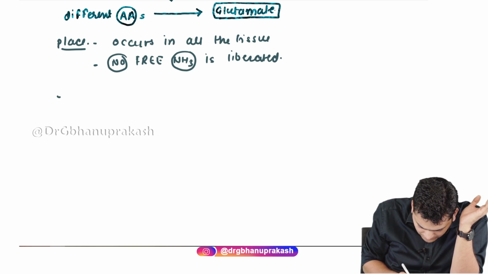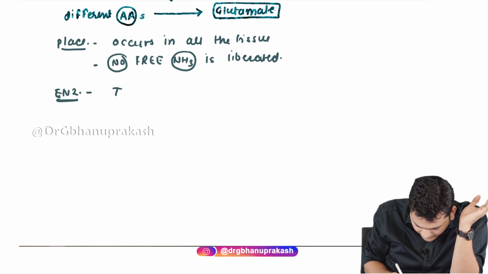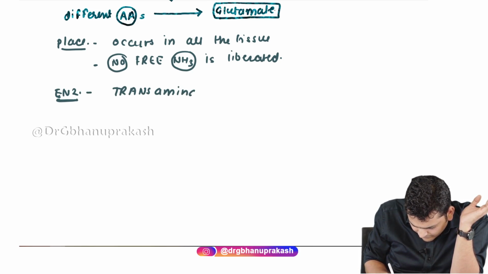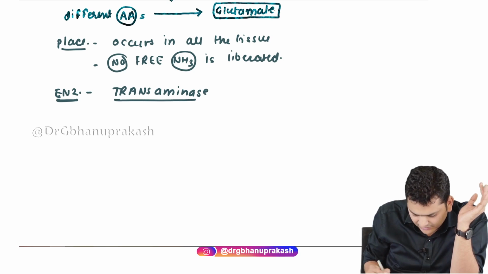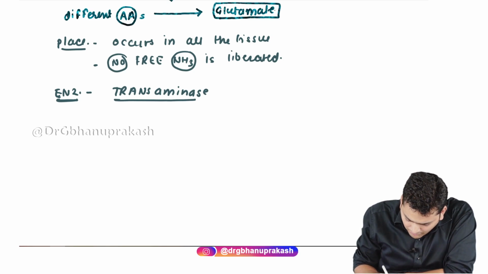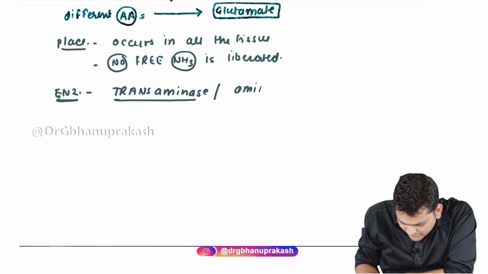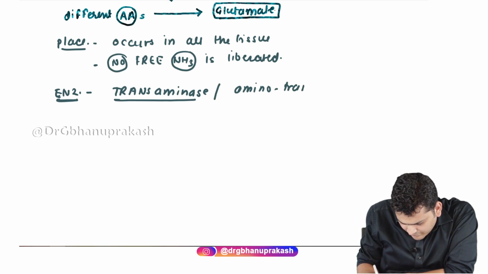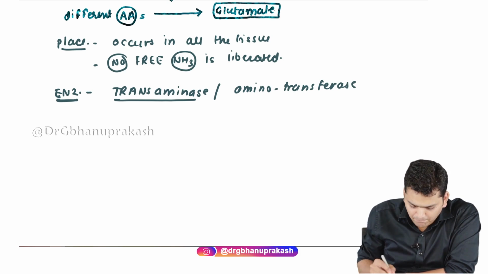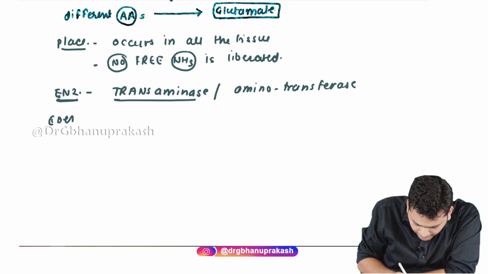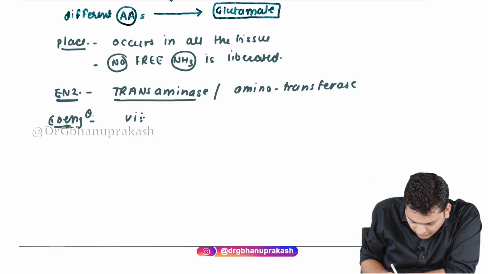Then when it comes to the enzyme, the enzyme of transamination is transaminase, sometimes also referred to as aminotransferase. Transaminase or aminotransferase is the same. The coenzyme is very important, and that is the active form of vitamin B6.